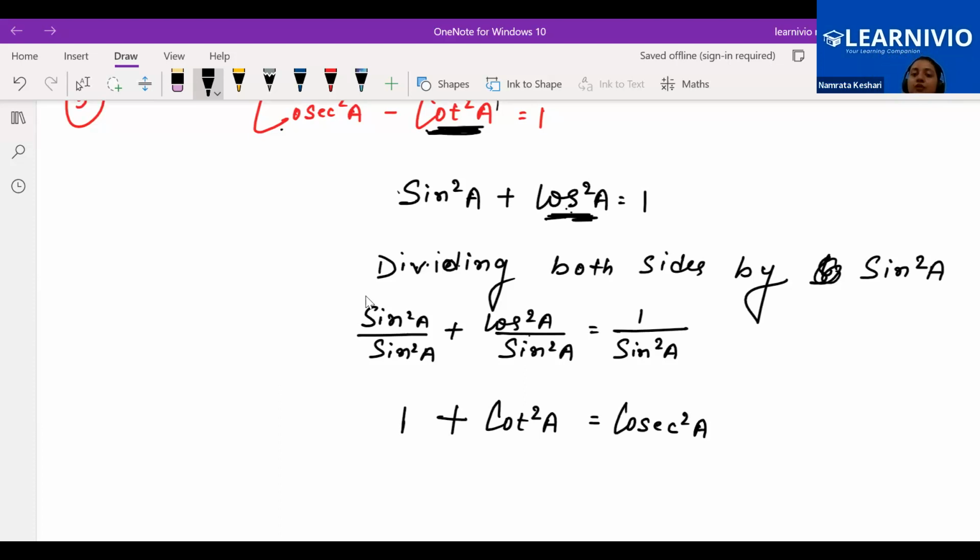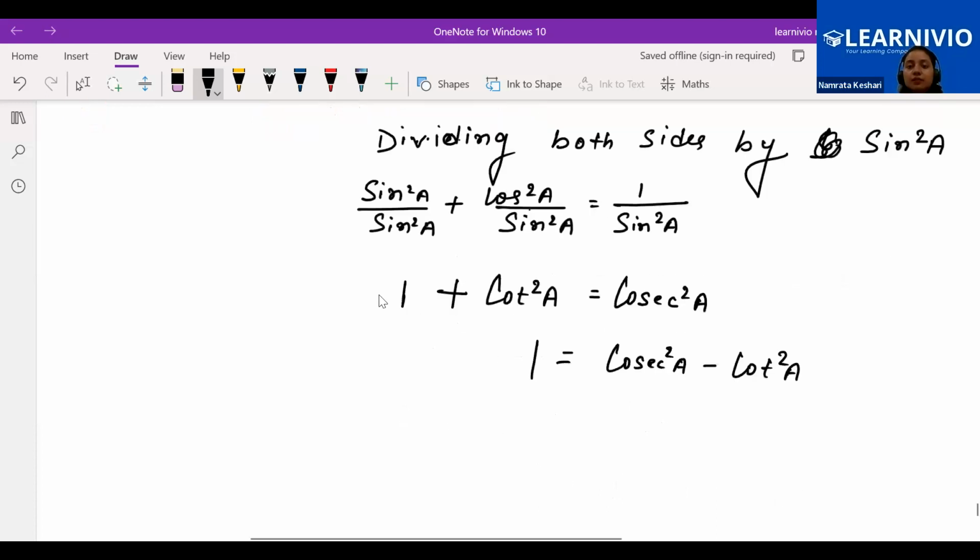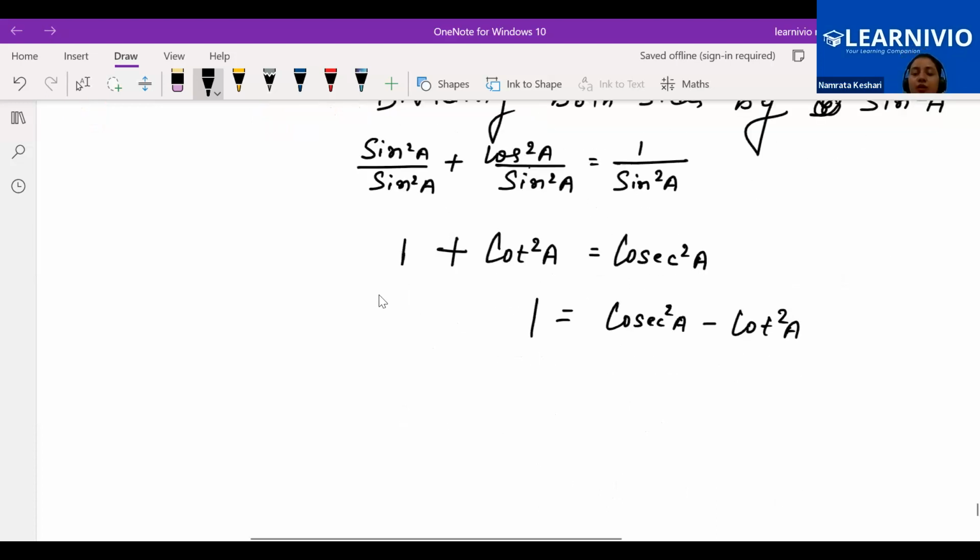Now from here, what are we getting? Cosec square minus cot square is equal to 1. Yes or no? Can you see we got the identity? Cosec square minus cot square is 1. Can you see?